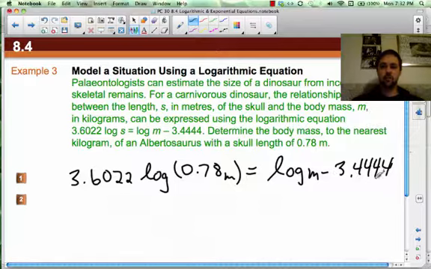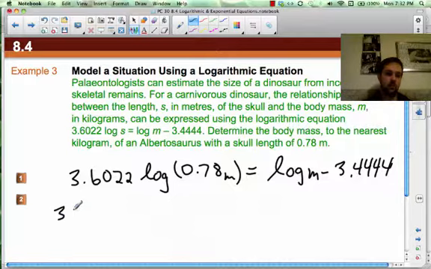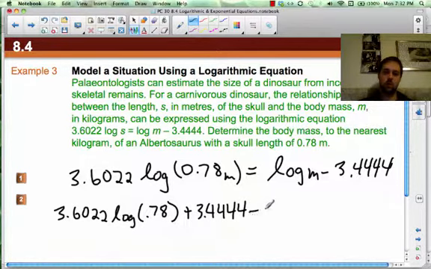So we're going to add this 3.4444 to the other side, and since everything on the left side is known, we can actually calculate this and get a value for it, and then we'll deal with the rest of it afterward.